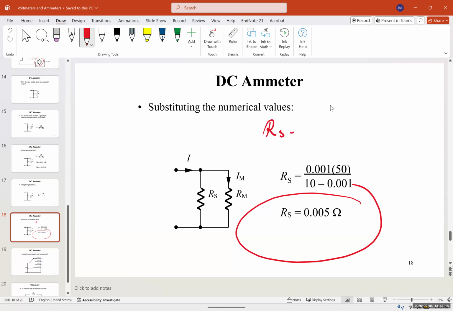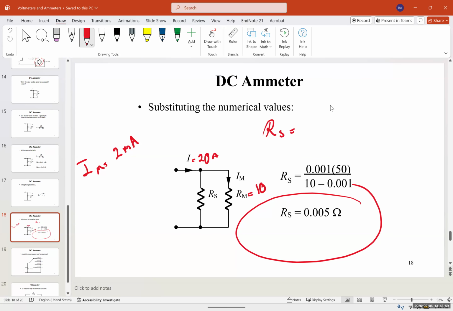Now let's calculate this. If we want to find RS for I equal to 20 amps, the internal resistance RM is 10 ohms, and IM is 2 milliamps. The current that we want to measure is 20 amps.